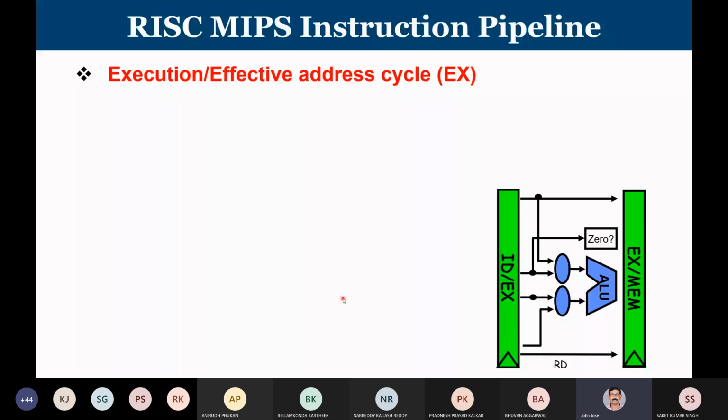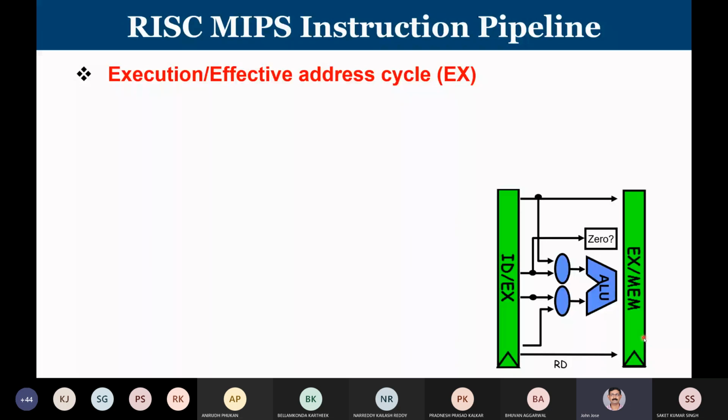For an ALU instruction, your third stage will perform the operation because your operands are already available in the IDEX register. One will come through this channel and enter one input of the ALU. The second operand will come through the second channel and reach the second input of the ALU. And you give the corresponding operation signal to the ALU, and the ALU produces the result. The result will be stored in the EXMEM register.